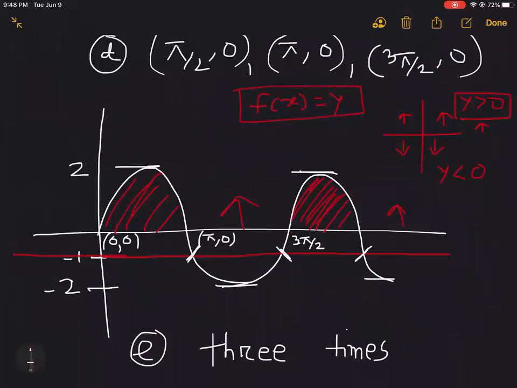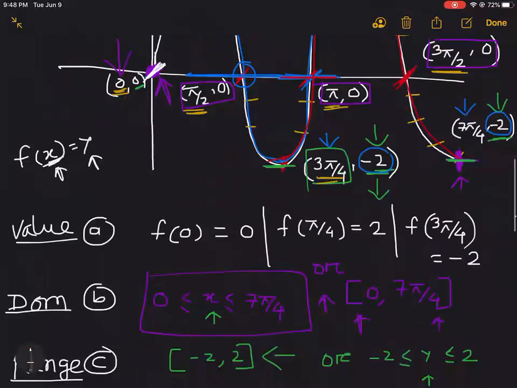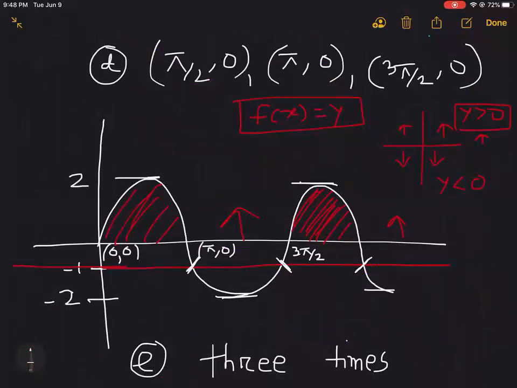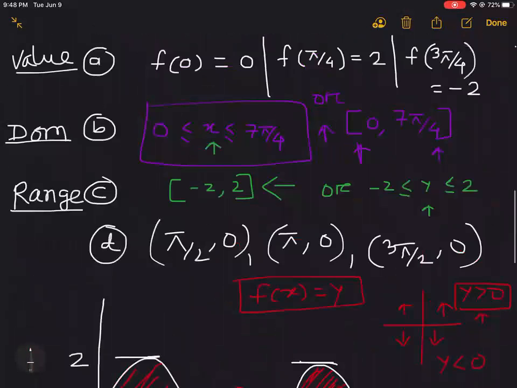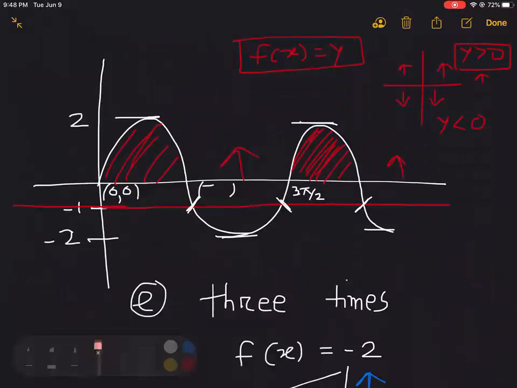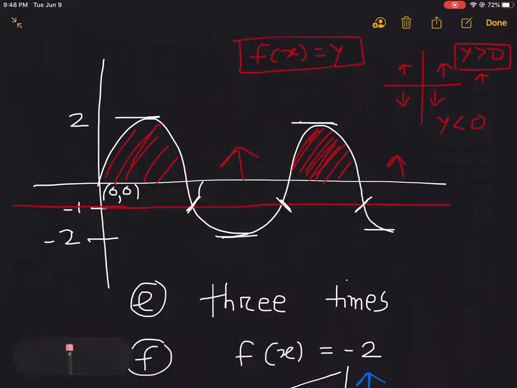So that's 3 pi over 2, and that is, oh no, I did it wrong. So this is basically pi over 2, right? Yeah. So let me redo this. Okay, yeah. So this is pi over 2, 0. This is pi, 0, and this is 3 pi over 2, 0. Okay.